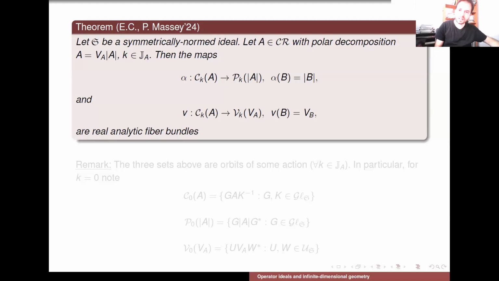So our main result here is that if we fix an operator ideal, a symmetrically normed operator ideal, and we fix also a closed range operator with this polar decomposition, then the map given by the operator modulus and the map V given by the polar factor are real analytic fiber bundles.